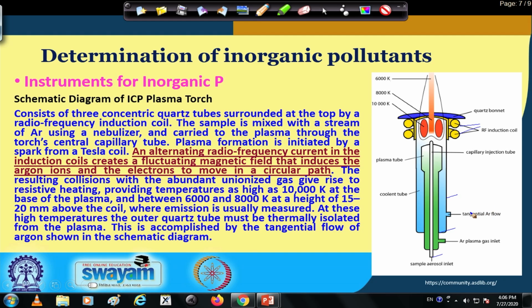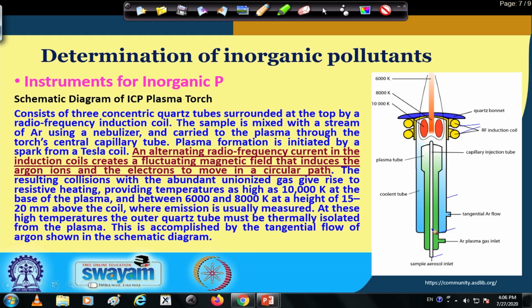The sample is mixed with a stream of argon. The sample is injected mixed with a stream of argon using a nebulizer. You remember we have talked about the nebulizer in the construction of this ICP. So, the sample is mixed with the stream of argon, because it is inert in nature, using a nebulizer and then carried to the plasma through the torch central capillary tube.